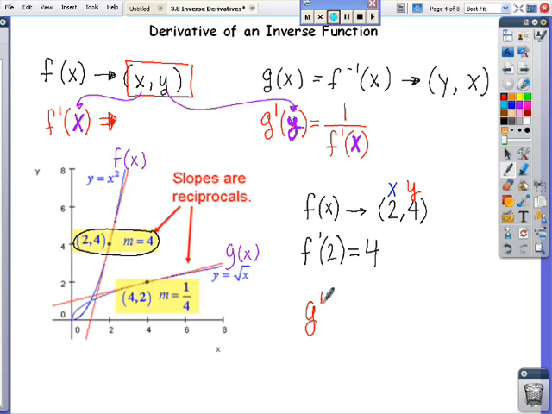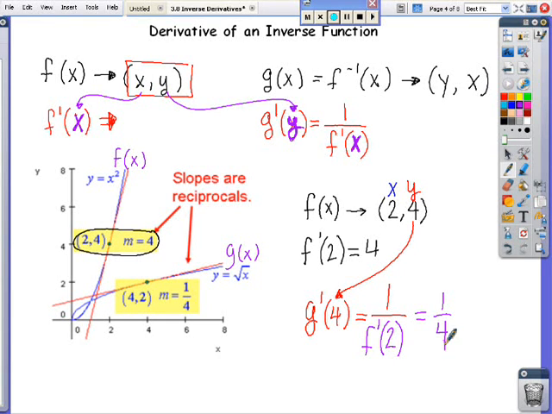Oh no, sorry, wrong arrow. I can find the derivative at this 4, and it will be the same as me finding the derivative of f at the point (2, 4). Now, that's what's giving us the 1/4, which comes here.